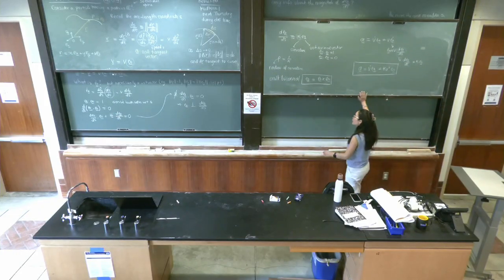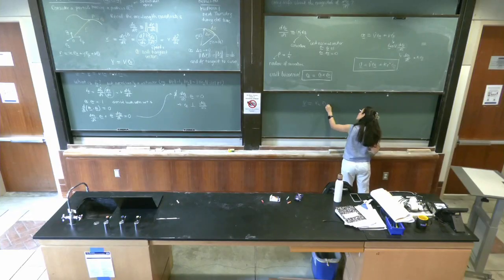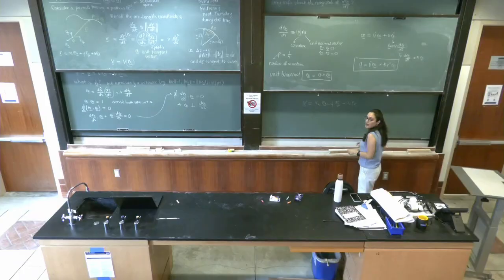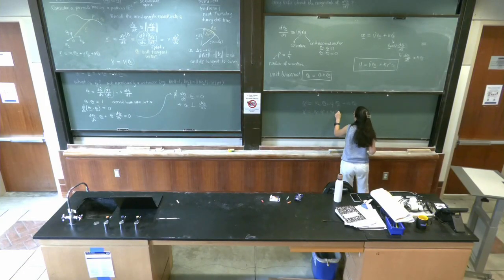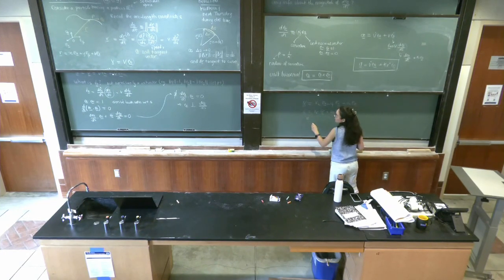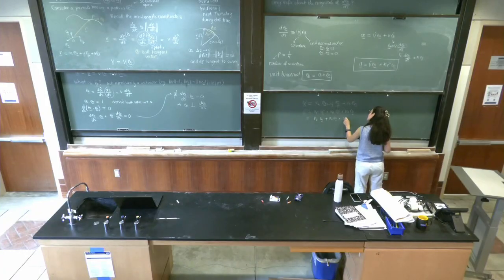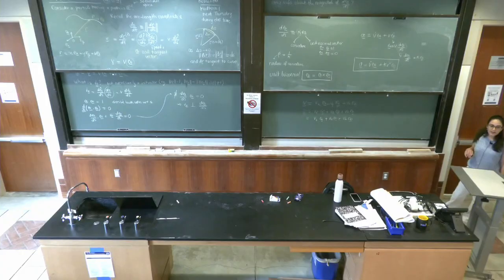So as I have a vector that I can express in Cartesians, Vx Ex plus Vy Ey plus Vz Ez, and I can express it in polars, I can also express the same vector in the Serret-Frenet basis. Does that make sense? Any questions?